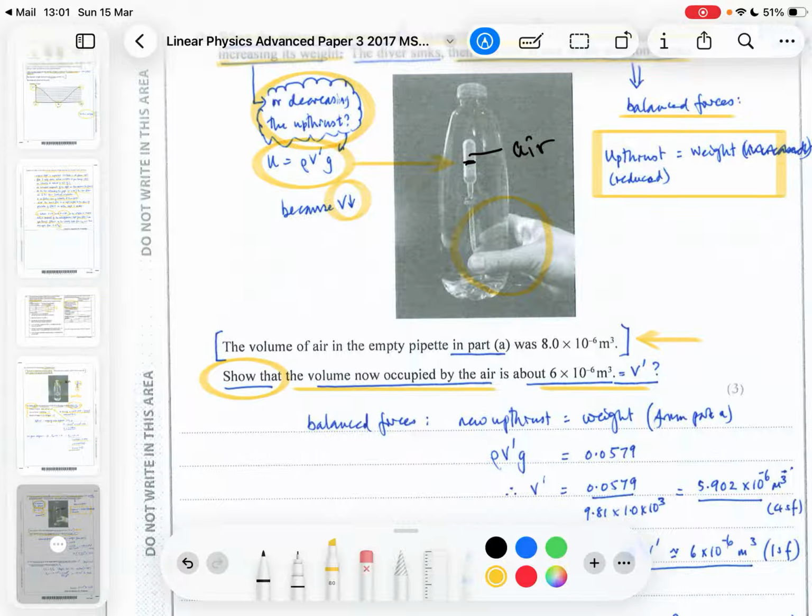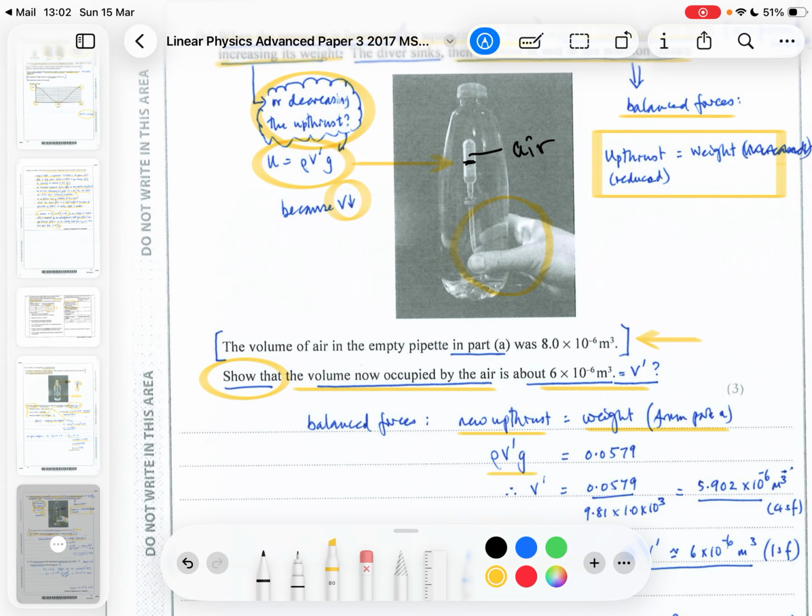So if the balance forces, the new upthrust, which is the way I'm doing it, must equal the weight from part A. So I don't think the weight of the pipette itself has changed. What happens is the air pocket inside has been squashed. So I'm saying there's a new upthrust, not a new weight. Okay, and the new upthrust is rho V dash, which is what I want to calculate. Rho hasn't changed, it's still water, yeah?